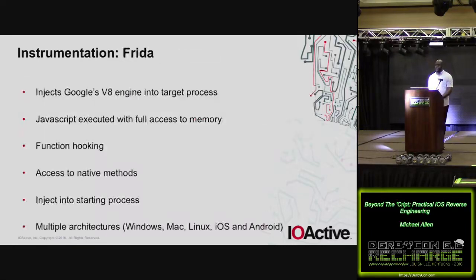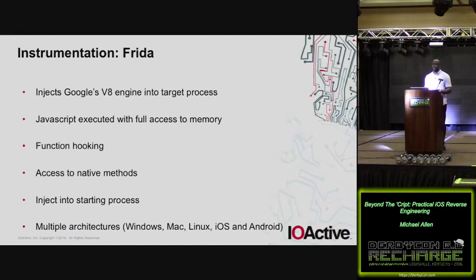The new hotness, however, is Frida. This thing is pretty much on steroids, you name it, right? So it allows you to inject Google's V8 engine into the target process. And so that JavaScript now has full access to the process memory, supports function hooking, access to native methods, but more importantly, you can inject into a starting process, right?